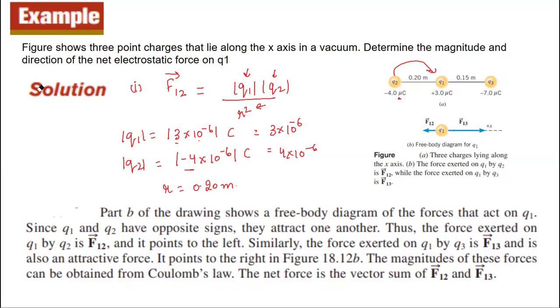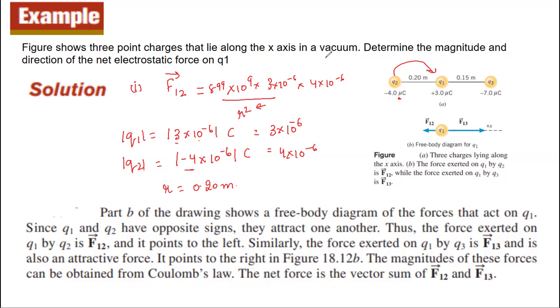K, I know, is 8.99 into 10 to the power 9, times 3 into 10 to the power minus 6, which is my Q1, times 4 into 10 to the power minus 6, which is my Q2.